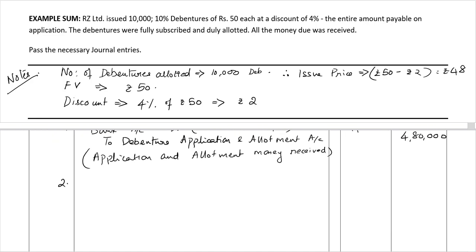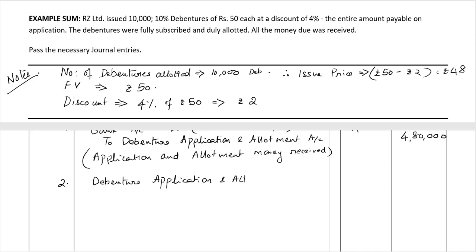The second entry is the allotment of debentures, debenture application and allotment account debit. The amount of the first journal entry, 4,80,000 rupees.